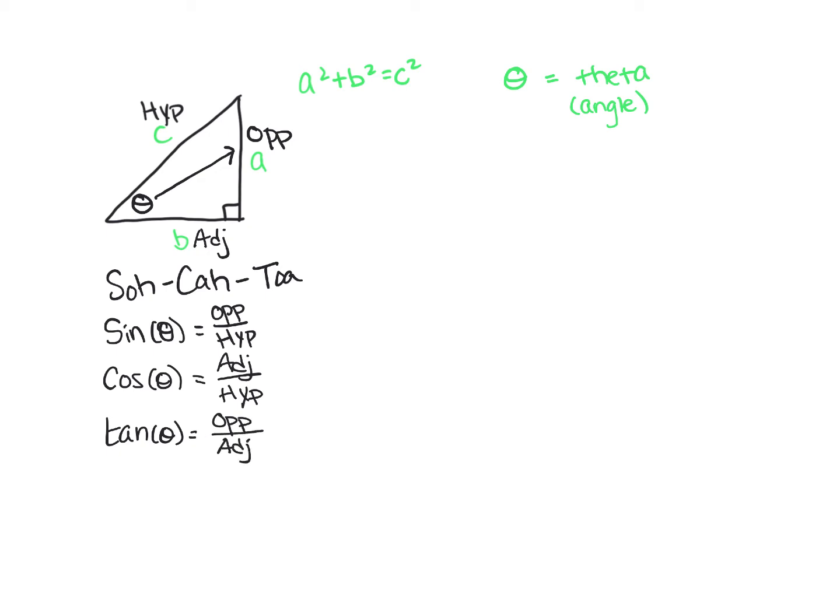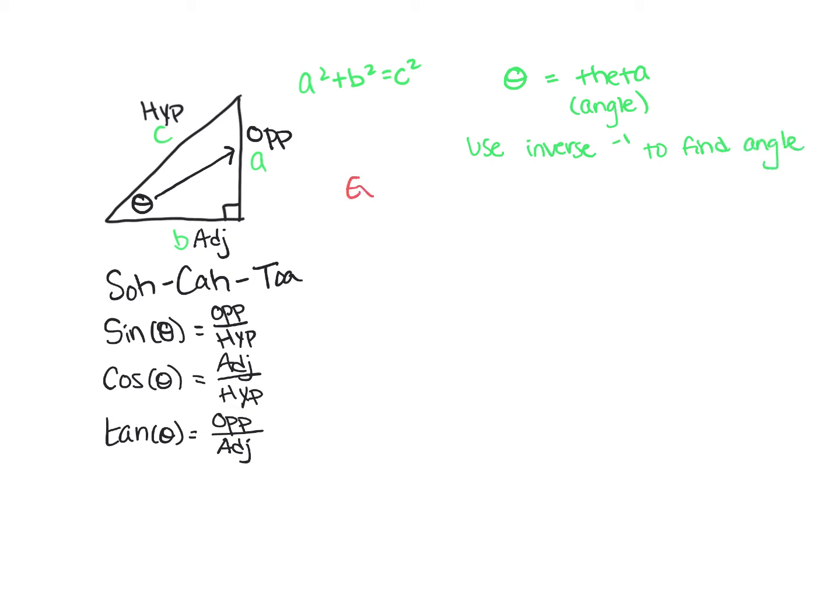So these are all things that we've learned before, AGS 2, possibly in AGS 3. We've dealt with these before. Just keep in mind, when we're solving for theta specifically, we're going to use an inverse, or like the little piece with the -1, to find an angle.